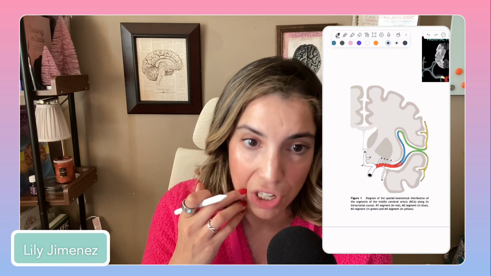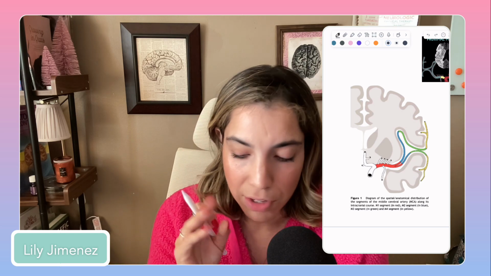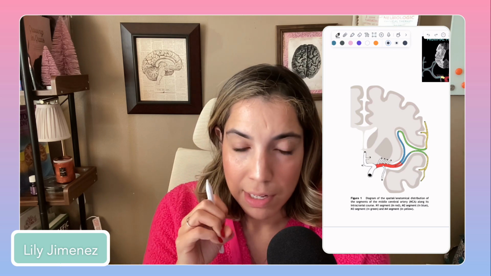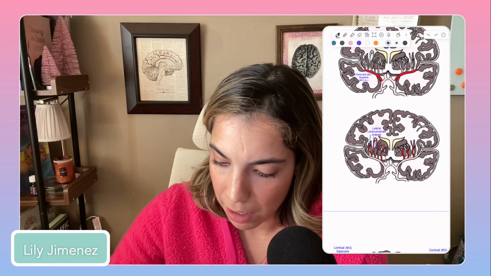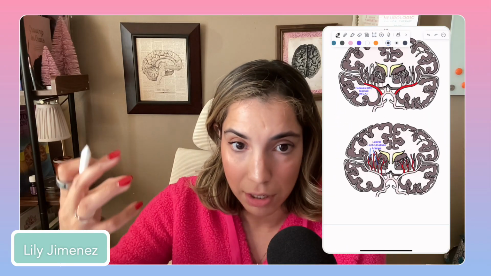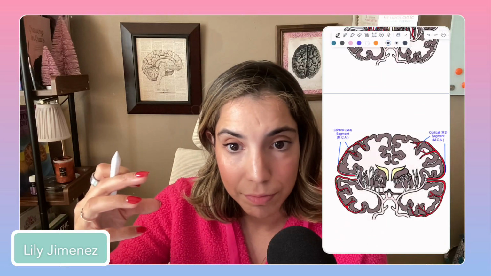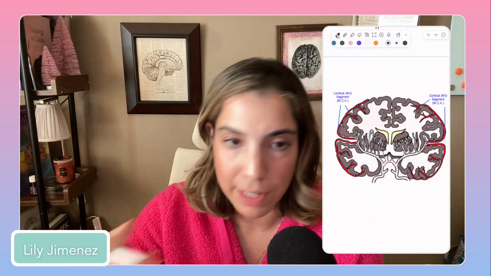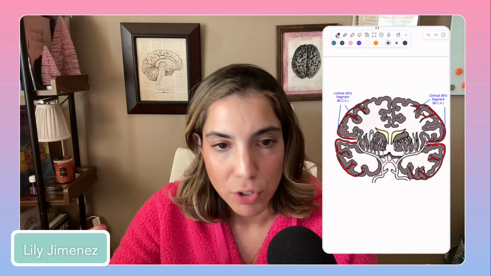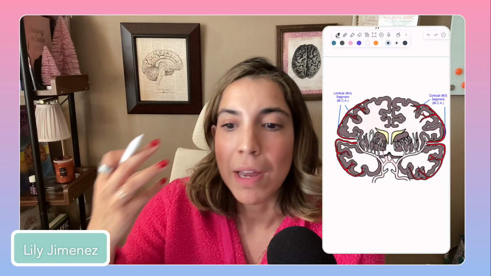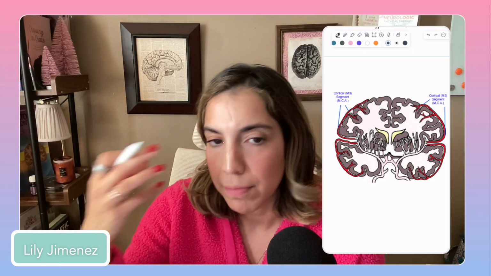So we talked about M1 segment, which is proximal, which is going to give out the lenticulostriate arteries. Then we talked a little bit about cortical. Okay, cortical. We're going to see your typical upper extremity face weakness, somatosensory for the face and arm, etc.